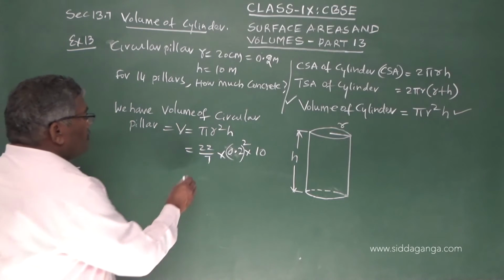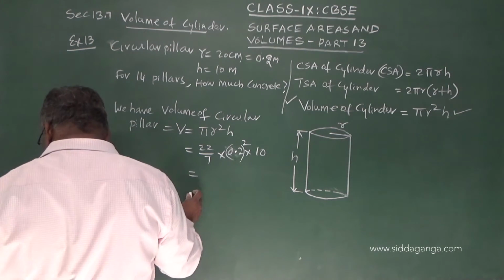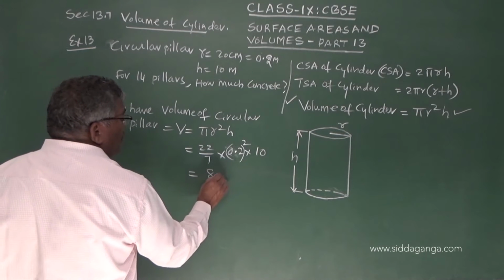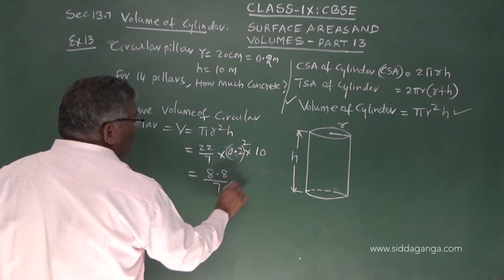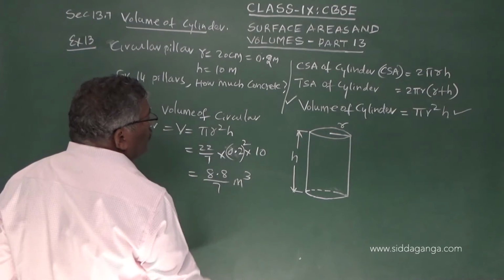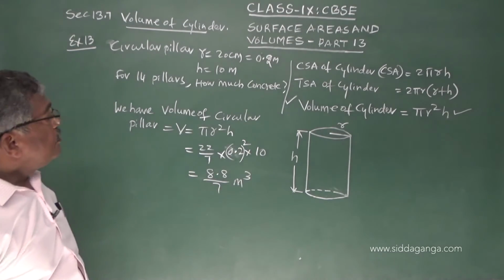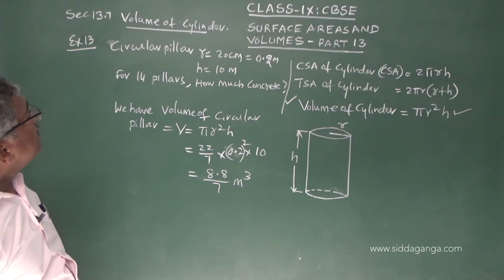So you will get 8.8 by 7 meter cube. This is in meters, so we will get the answer in cubic meters.